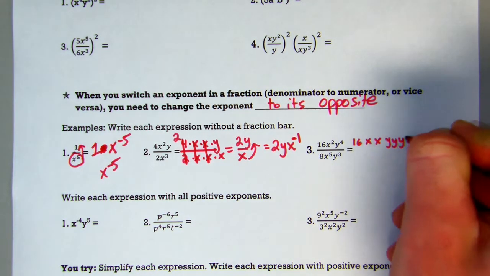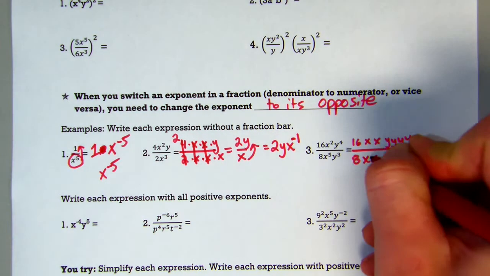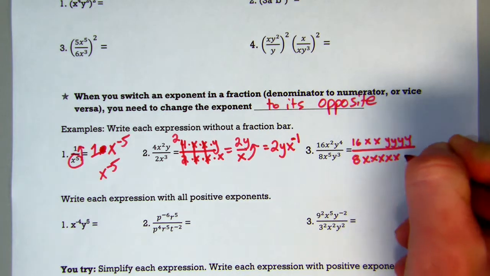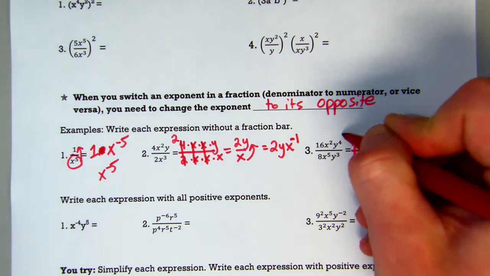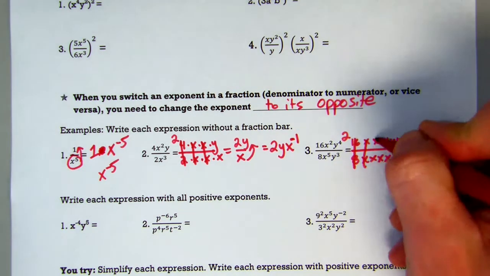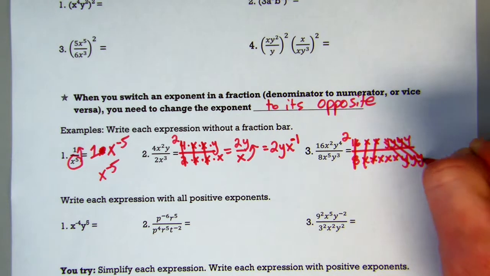Number 3, write it out first. So this 4y, 8, 5, 3y. Cancel here.